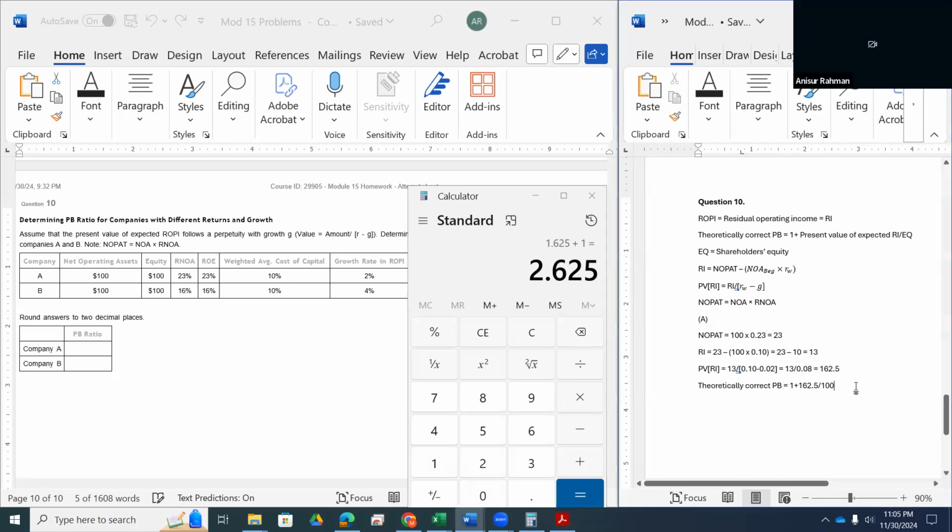Two decimal plus, it will be 2.63. So if you follow the same process for company B, you can find out the answer for company B, and I'll let you guys do that too.